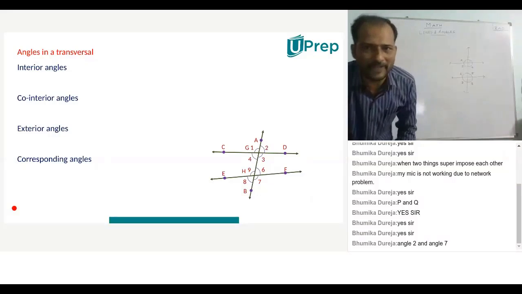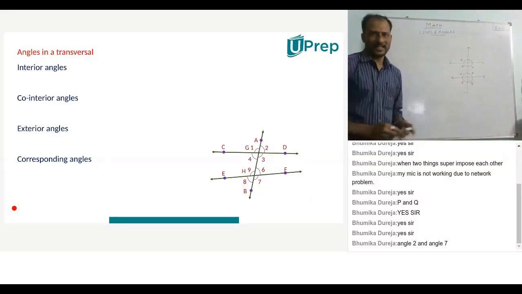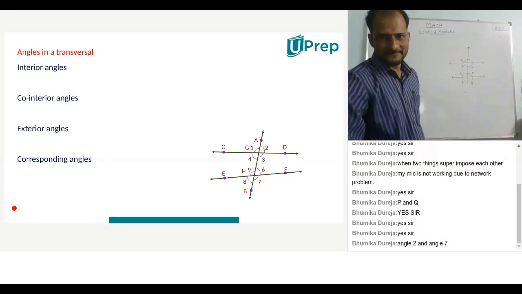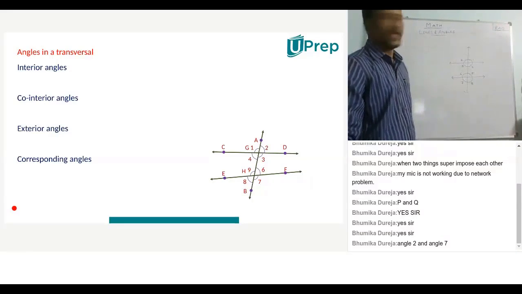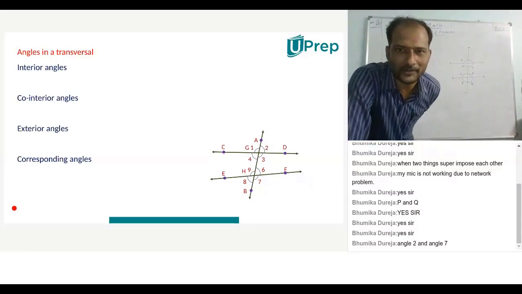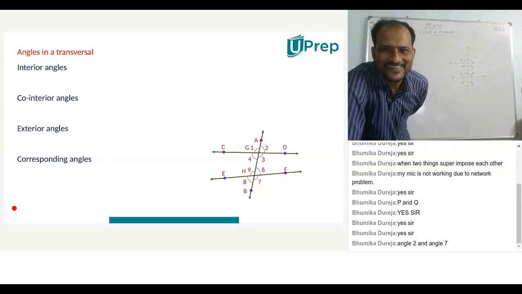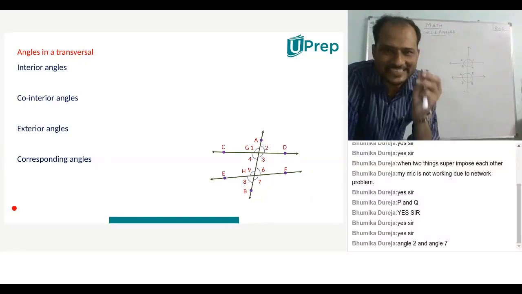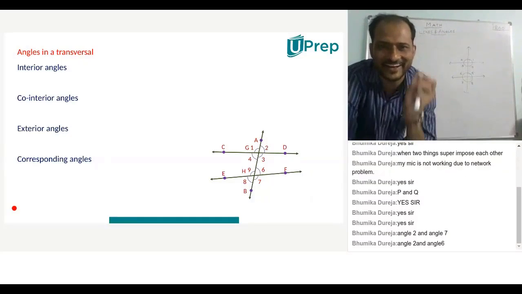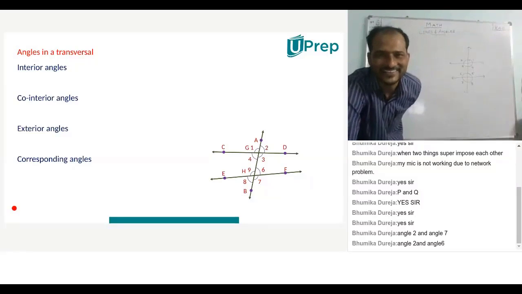Tell me one pair of angles which are corresponding. 3 and 4. Hey, Arnav, are you kidding, beta? Sir, because 2 and 1 will be linear pair. I am asking corresponding angles. Corresponding angles.